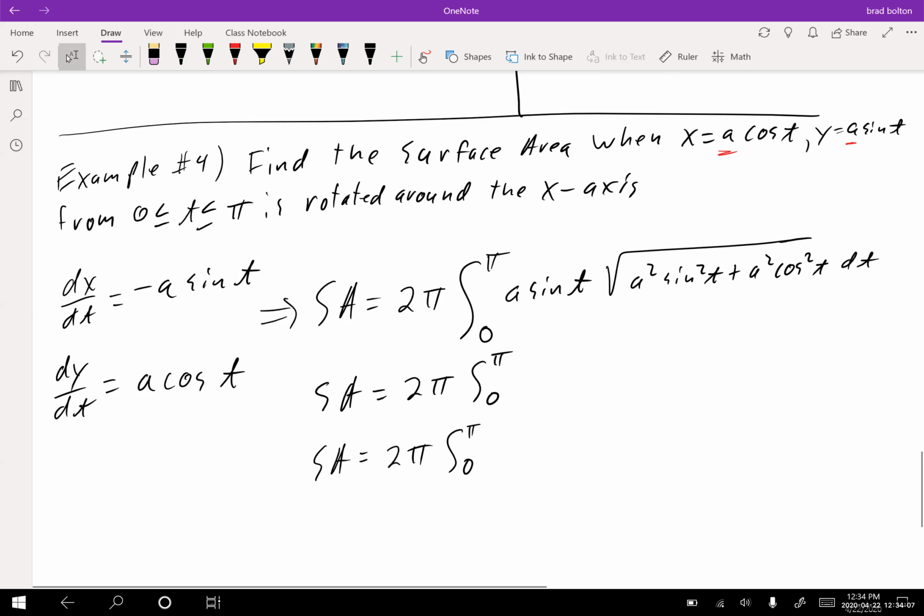So I think we're good now. I should have an a sine of t right there. Now, technically that a is a constant, so realistically I could pull it out at any time, but I'm just going to see what we have here, a sine of t. Now we know that we can factor this like we did last time.